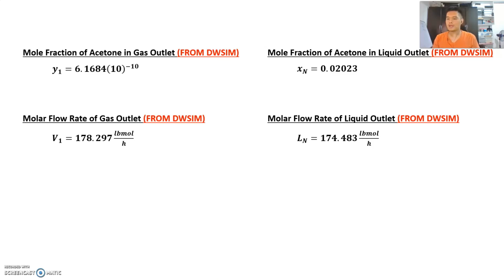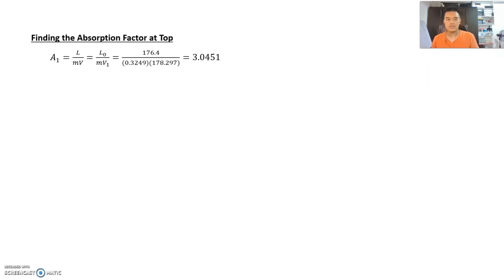Then, in order to compare if our values from hand calculations are similar to our values from DWSIM, we will also calculate the minimum number of stages using the data given in DWSIM and the data given in the problem. If you want more details on the procedure, you can refer to McCabe's book of separation processes.